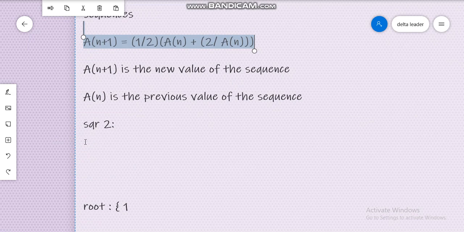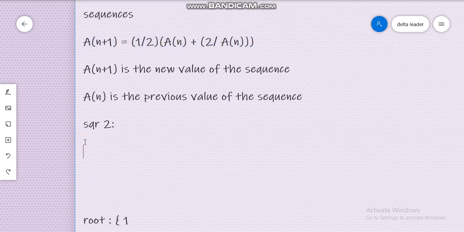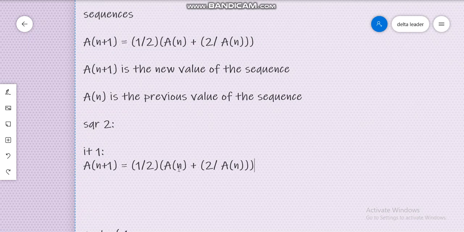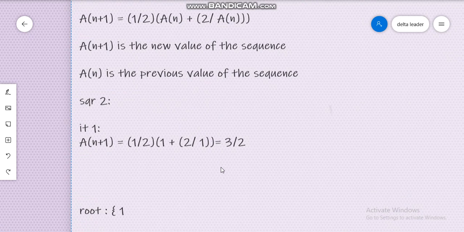If we take as our first number 1, then we can easily apply the formula as the first iteration. Iteration 1, the formula is here. Wherever there is a_n, I just plug in the guessed value, which is 1. After calculating this, as the answer we will have 3/2.